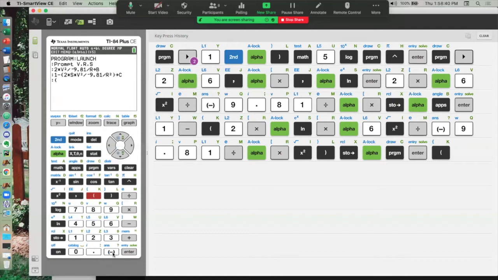Okay. Opposite B. And let's do the plus first. And then square root, right? Where is that? That's second x squared. Square root. And it puts a parenthesis in for you. You can't even stop it. Okay, and what's in here? This is b squared.